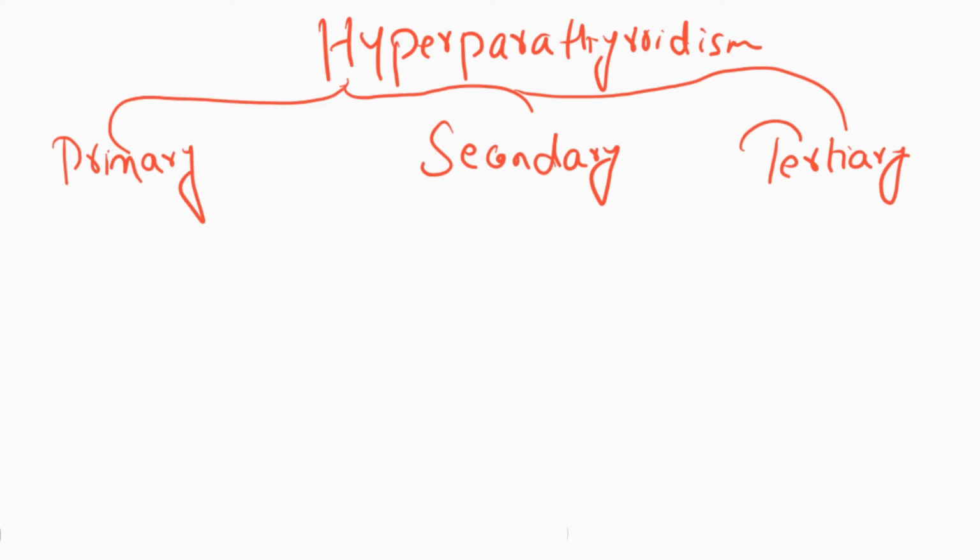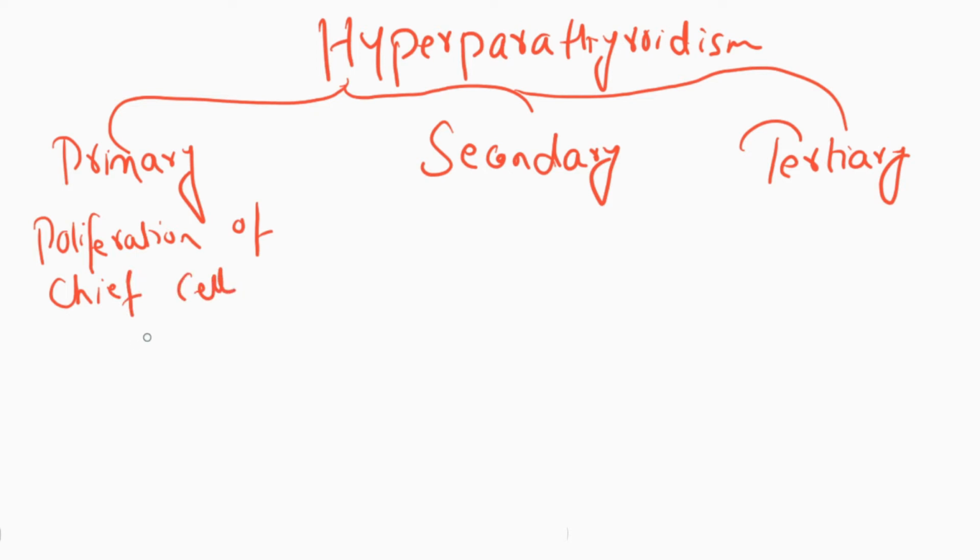In the primary situation, it is the condition in which proliferation of chief cells takes place.